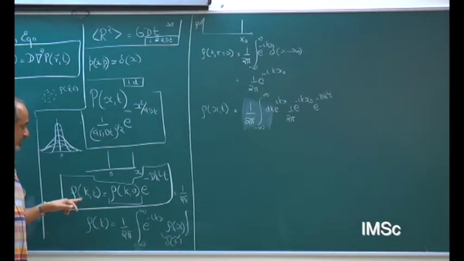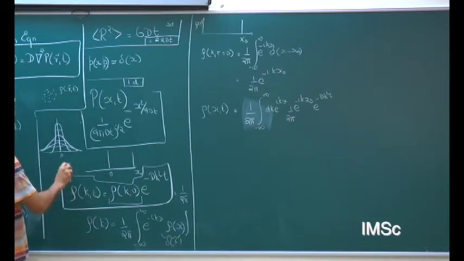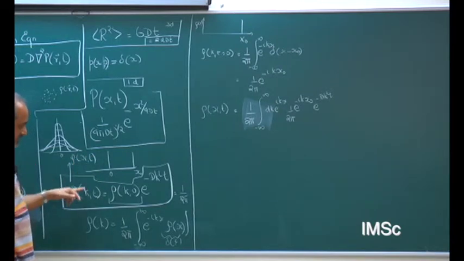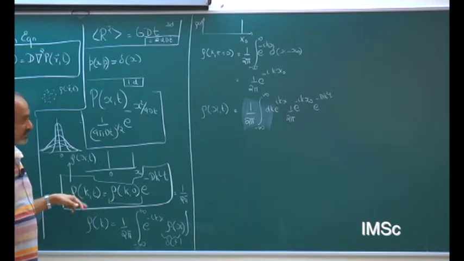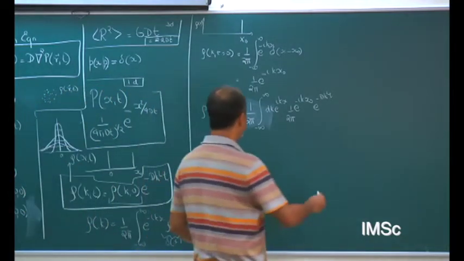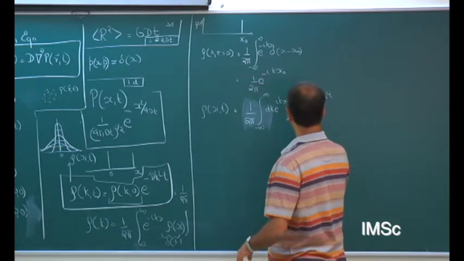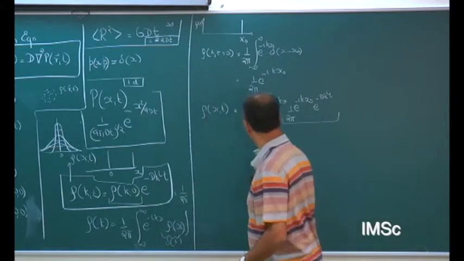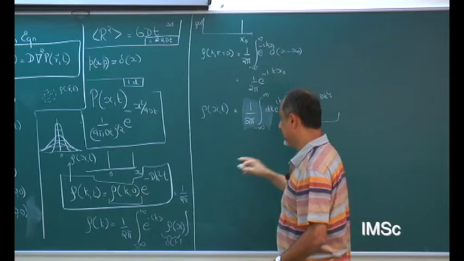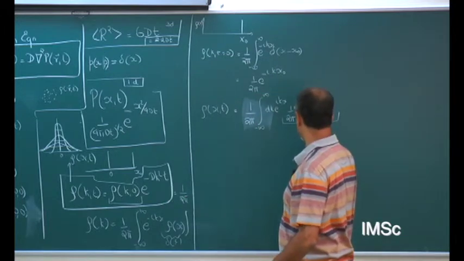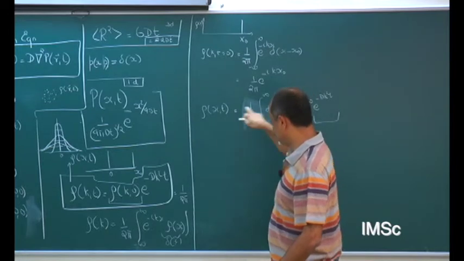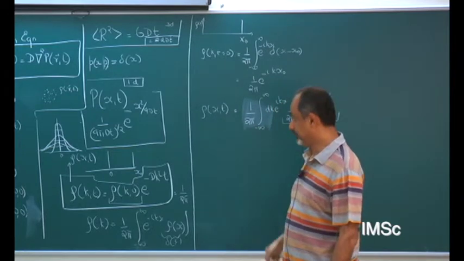The next step is only taking rho of k comma t and going back to real space, by Fourier transforming in k. The rho of k comma 0 is a factor that sits here, this part is a factor that sits here, and this part is the Fourier transform that enables me to go from k space back to real space.